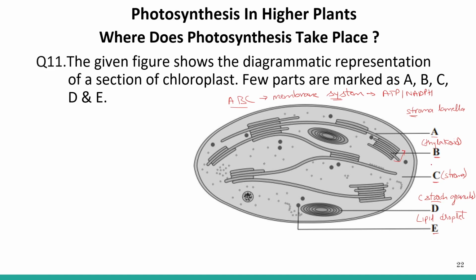Now why are we talking about the stroma? In the stroma, what is present? NADP reductase enzyme. This is present at the stroma side of the thylakoid membrane.